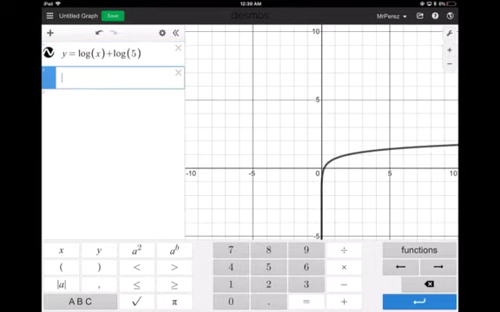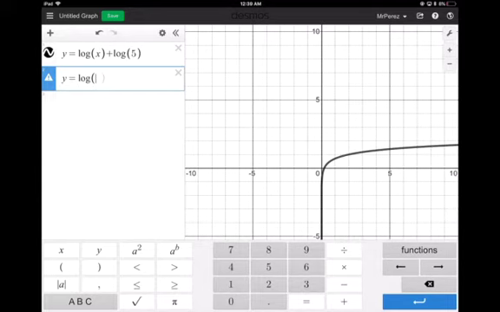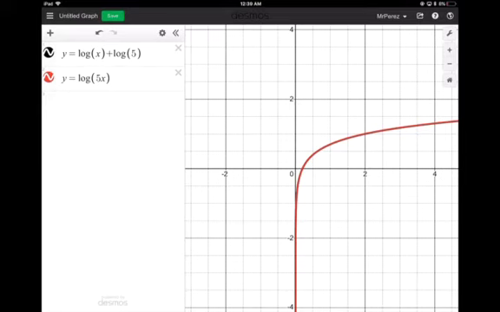But what happens if I write it as y is equal to the log of 5 times x, which is 5x? Notice that I get the same graph. You see how they overlap. Same graph. So it's giving me the same result.